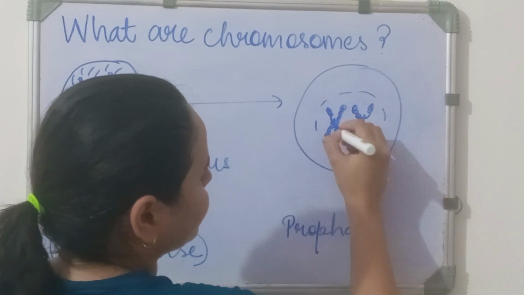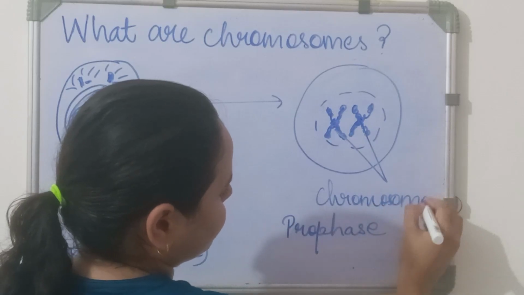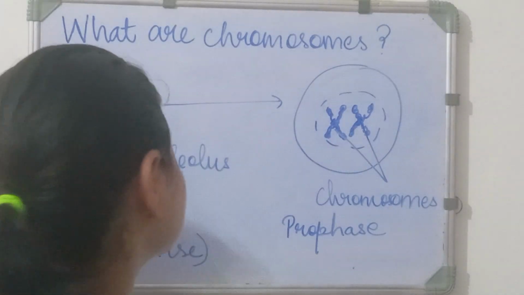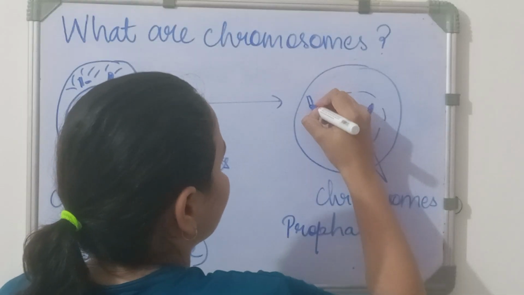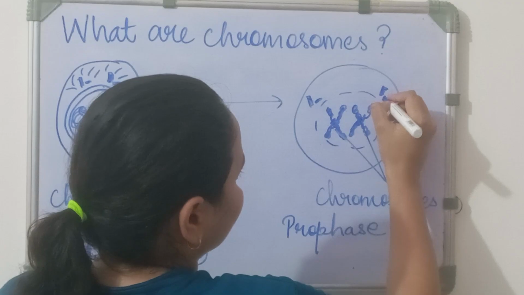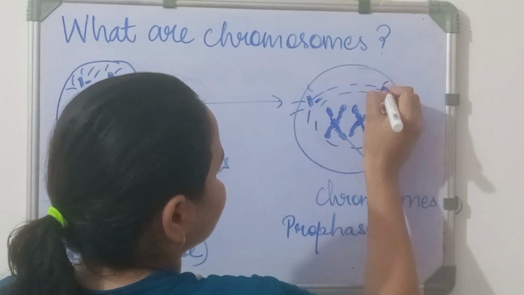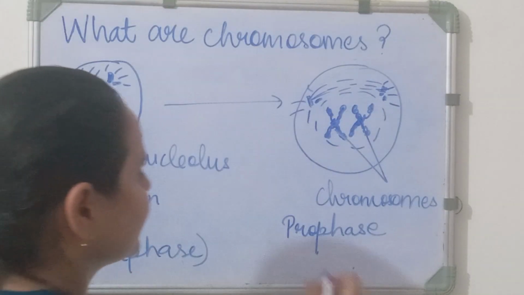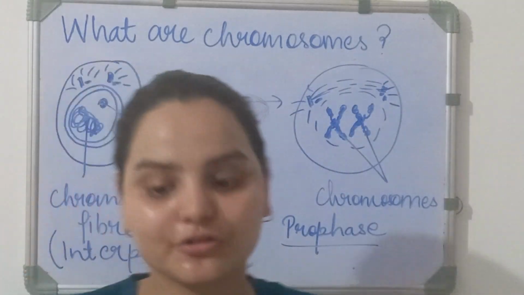These are our chromosomes. This is the nuclear membrane, and these centrosomes, which were helping in cell division, move towards the opposite poles, attached by the spindle fibers. These are spindle fibers. So in prophase we are able to observe the chromosomes. So what are actually chromosomes? Let's write it.